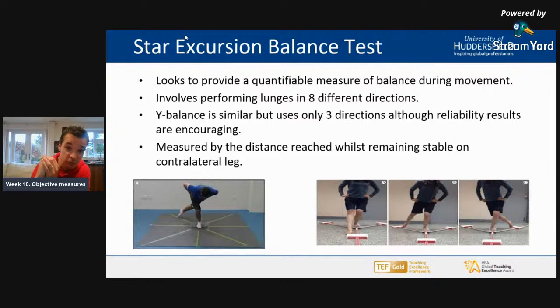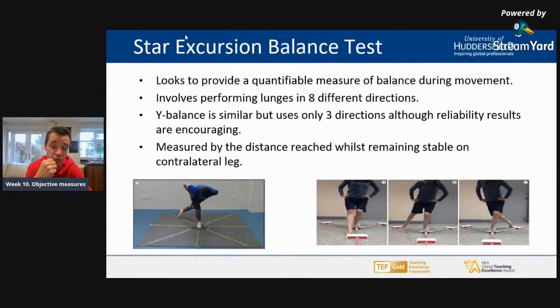This is a little bit more functional, because the testing leg is the one that's standing, and it does put that lower limb into lots of different positions, positions whereby non-contact injuries typically happen. So it is mainly used in a sport environment.